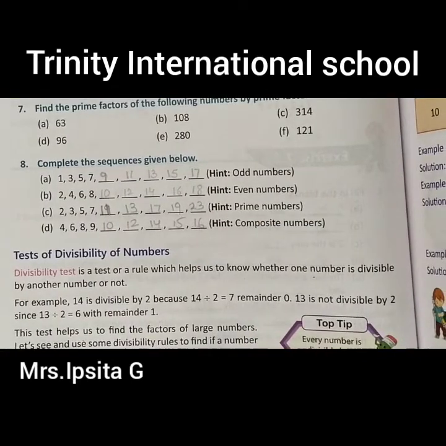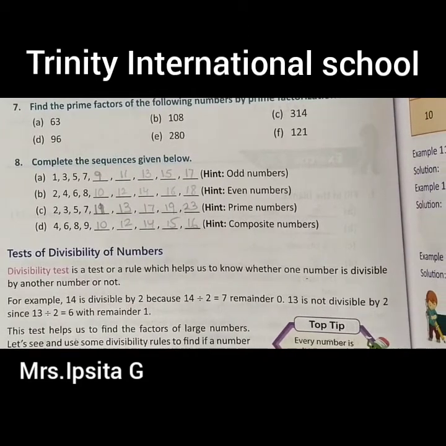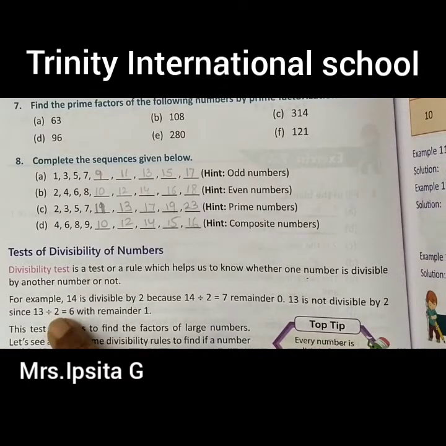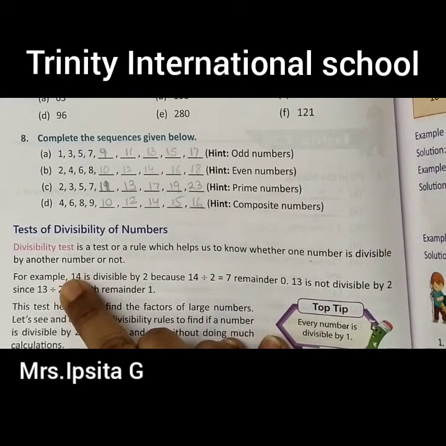Now, a divisibility test is a test or a rule which helps us to know whether a given number is divisible by another number or not. For example, see here, the number given is 14.